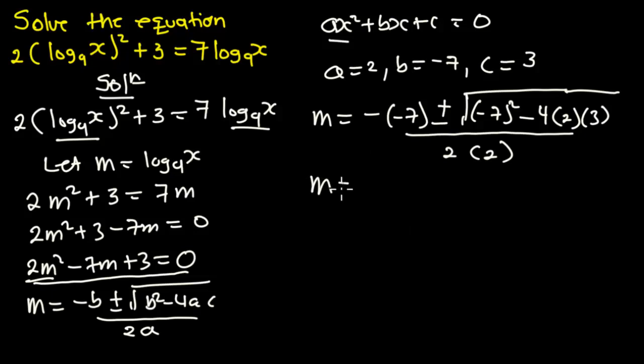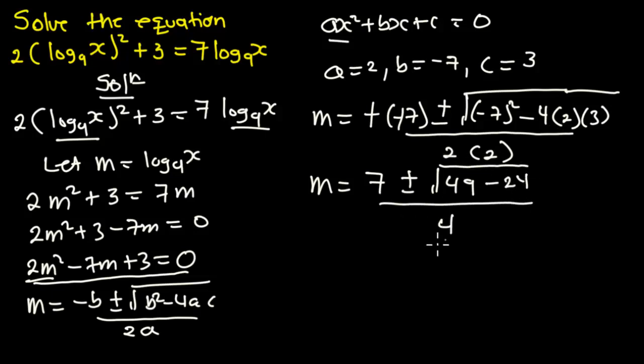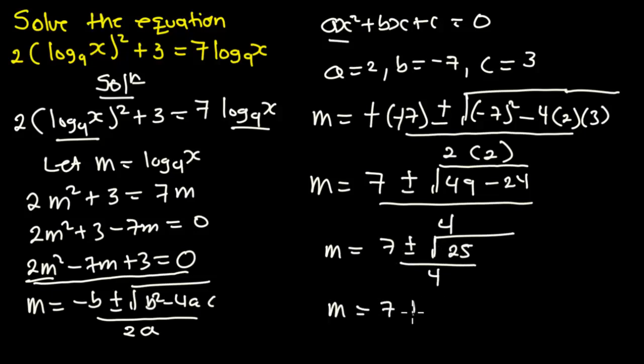So m will be equal to, now negative will cancel negative, so this will turn positive, 7 plus or minus the square root of, now negative 7 squared gives 49. Now 4 times 3 is 12, and then 12 times 2 is 24. So minus 24, all over 2 times 2 gives 4. And so m will be equal to 7 plus or minus the square root of 49 minus 24 gives 25, all over 4. And so from here, m will be equal to 7 plus or minus 5 all over 4.